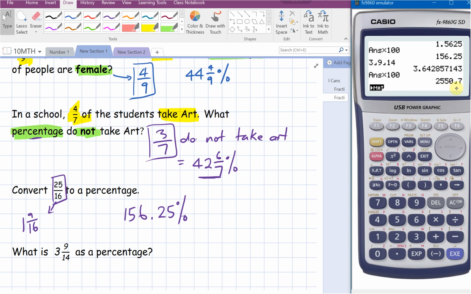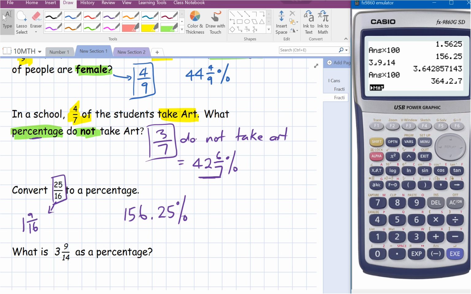And that is the same as this fraction here, 2,550 over 7.